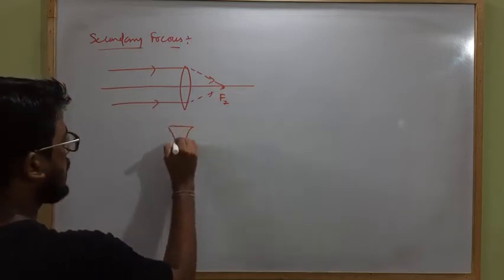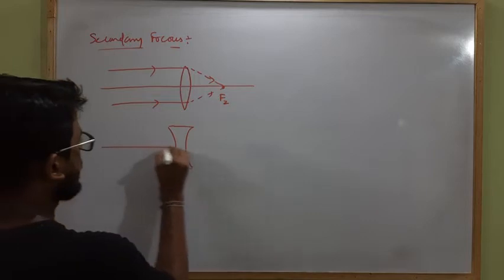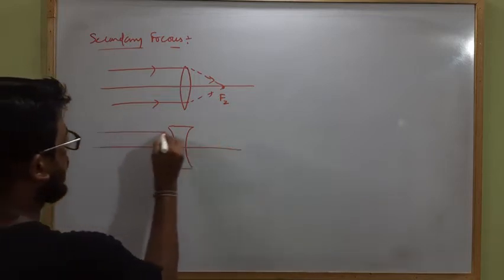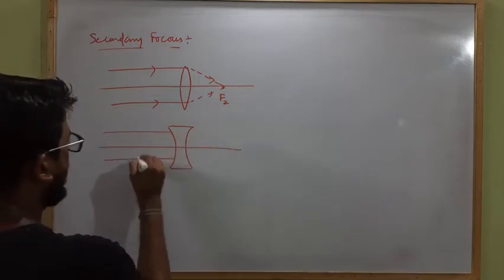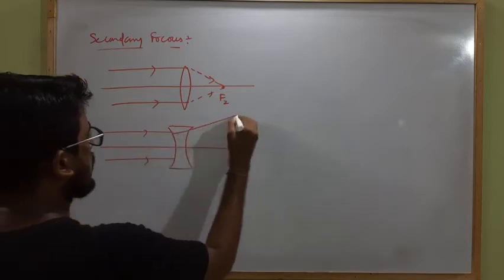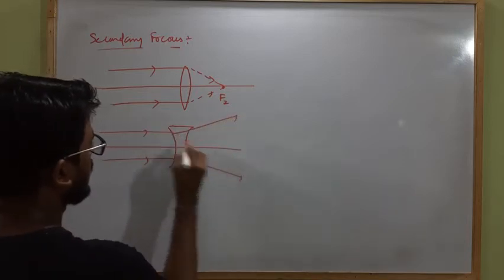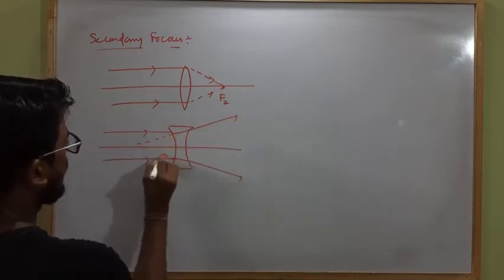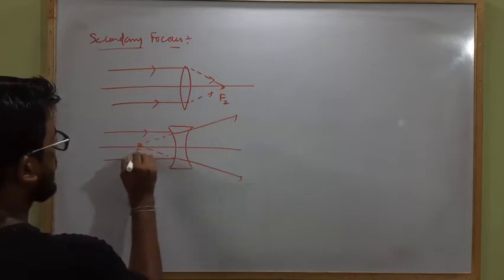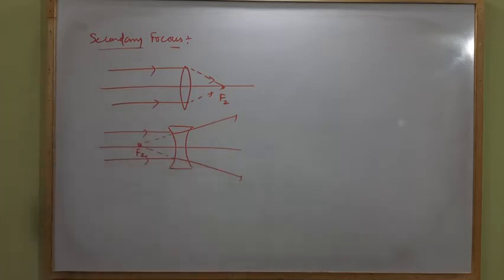And for concave lens, if the incident rays are coming parallel to the principal axis, after refraction they will go like this. So they appear to diverge from a point. This is known as the secondary focus. Clear?